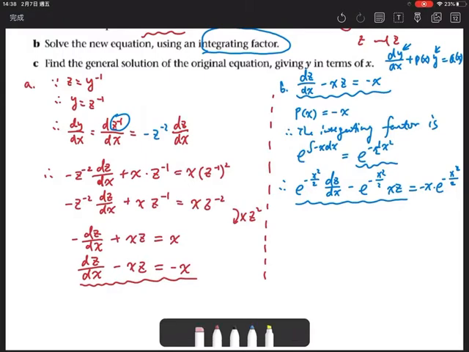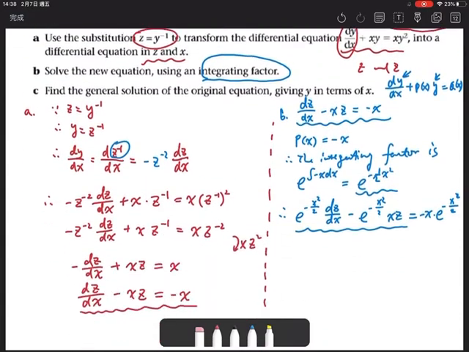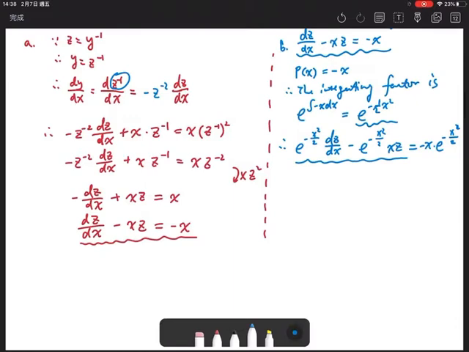Obviously the two functions should be e to the power of negative x squared over 2 times z, and then d by dx equals negative x e to the power of negative x squared over 2. You may check whether it is true or not.